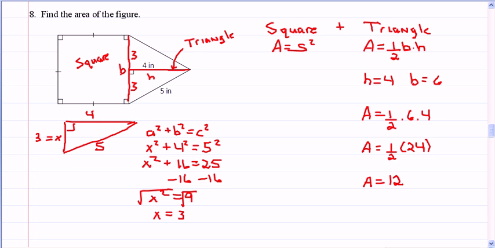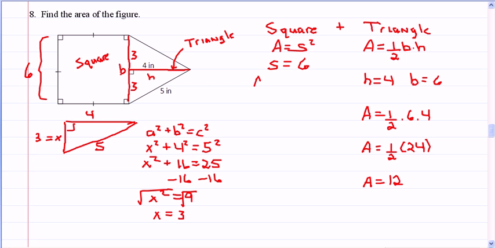So now that we know that each side of the square is equal to 6, to find the area of the square, this one is much simpler.